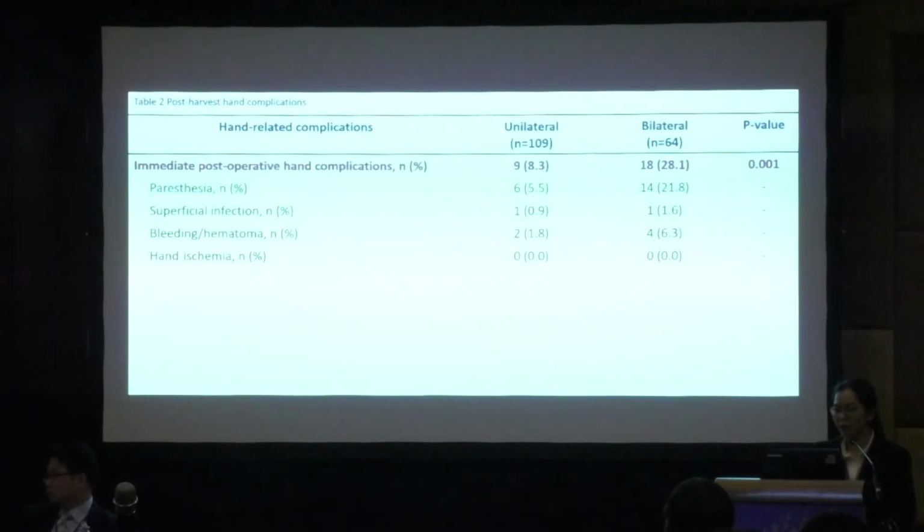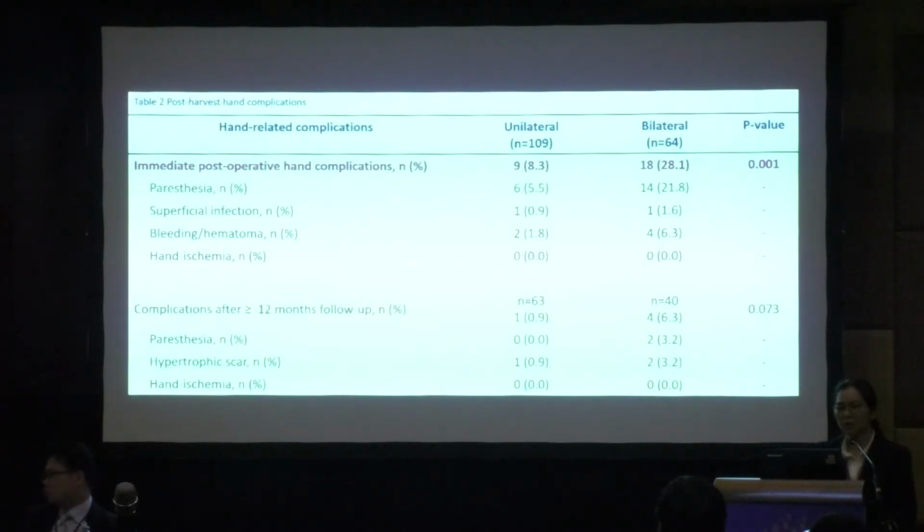For the post-harvest hand-related complications, the patients who developed immediate post-operative hand complications in the bilateral group were 18 patients, which was significantly more than the unilateral group with 9 patients. But at the time of follow-up, there was no significant difference between the two groups, and there was no hand ischemia found in our study.